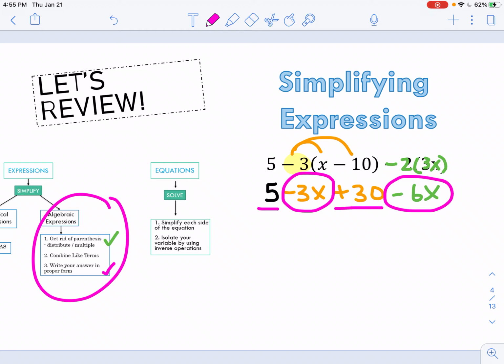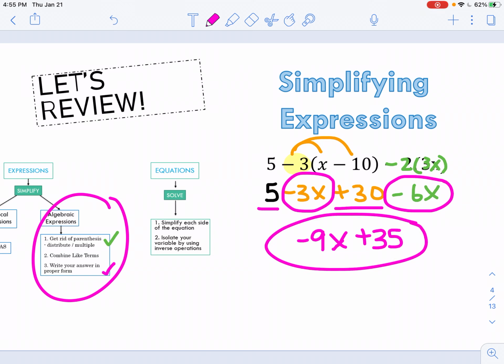So what should we combine first? Our variables or our constants? Good. Let's save a step and combine our variables first. What's negative 3x minus 6x? Good, negative 9x. What's positive 5 plus 30? Excellent, positive 35. So my final expression in simplest form is negative 9x plus 35.